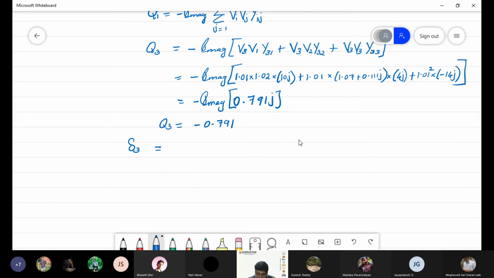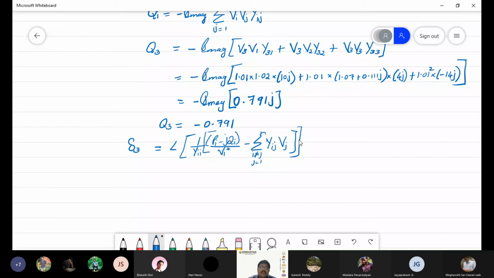Del 3 is the angle of the same formula for voltage: the angle of 1 divided by Yii, times Pi minus jQi divided by Vi star, minus the sum over j not equal to i, j is equal to 1 to n, of Yij Vj. We already used the same formula, that is the formula we are using.